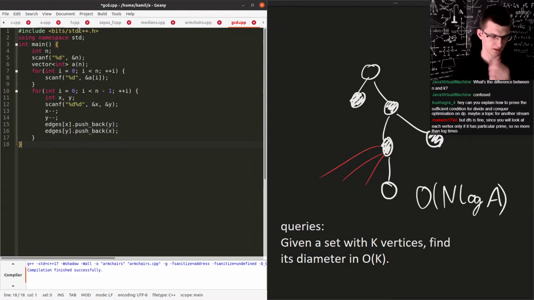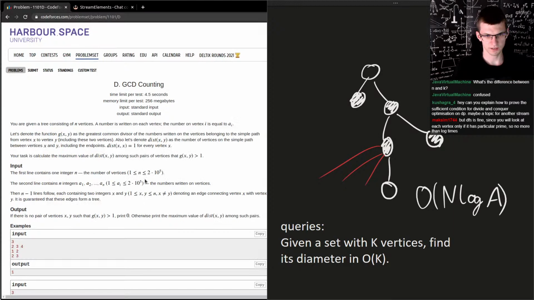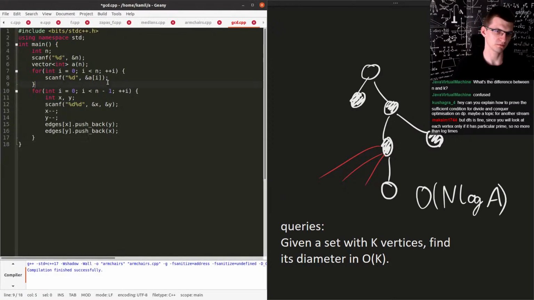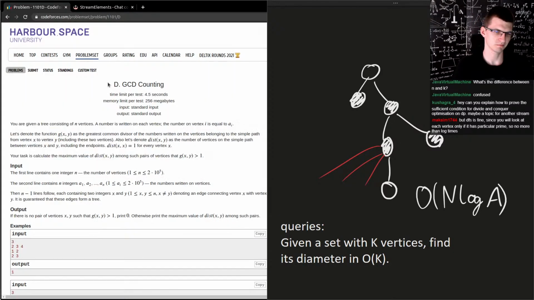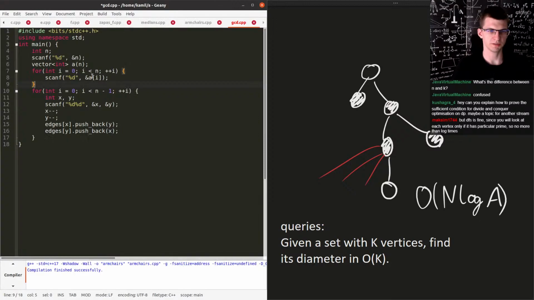Done. Do I want to factorize in square root? This times square root of that will be fine for that time limit. So I don't need a prime sieve, right? Oh, but I only want prime divisors, so a prime sieve will be better.